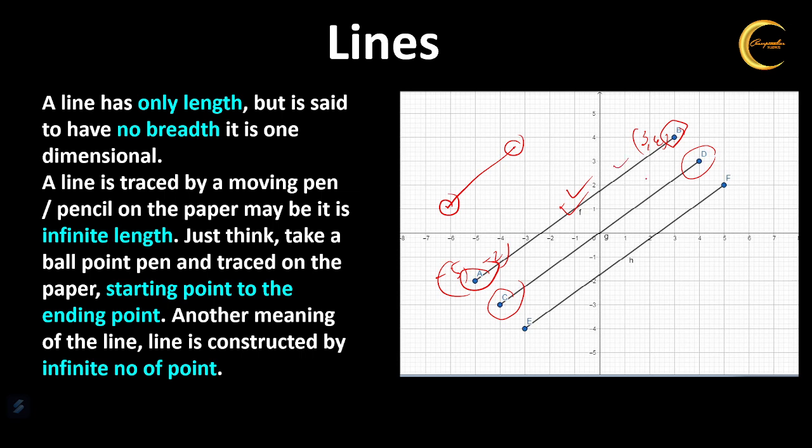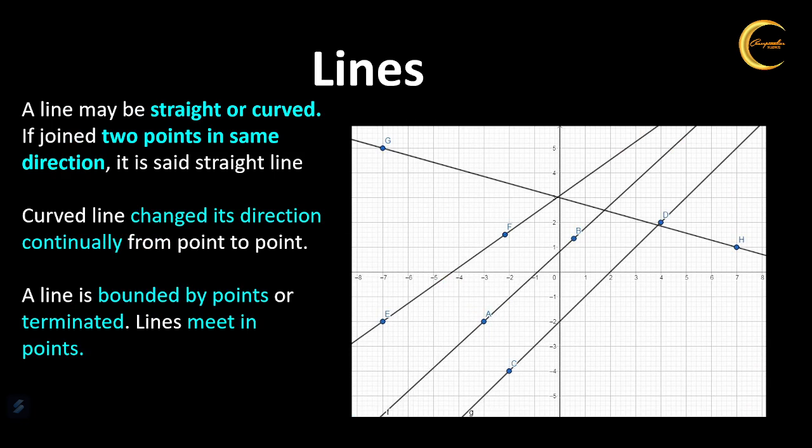Now we can understand I have drawn parallel lines here. A line may be a straight line or a curved line, but a line is joined by 2 points. A curved line changes direction continuously from point to point.